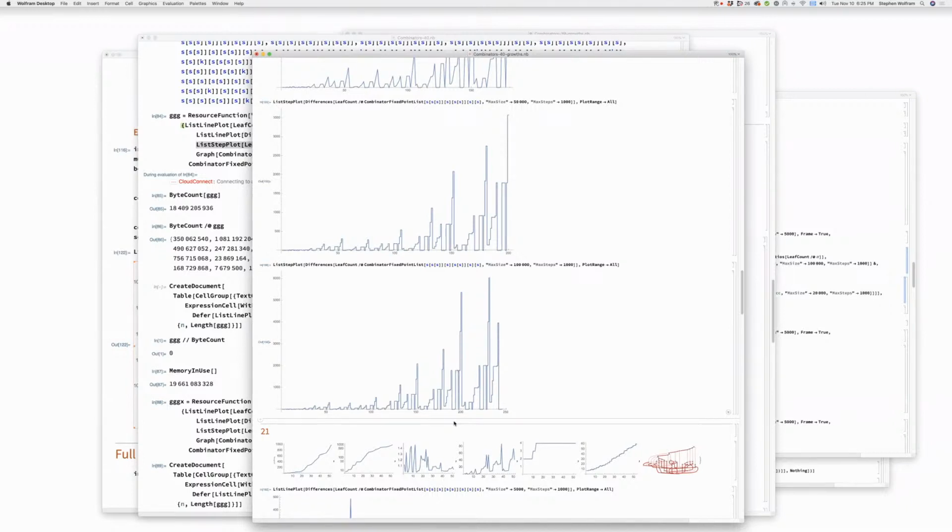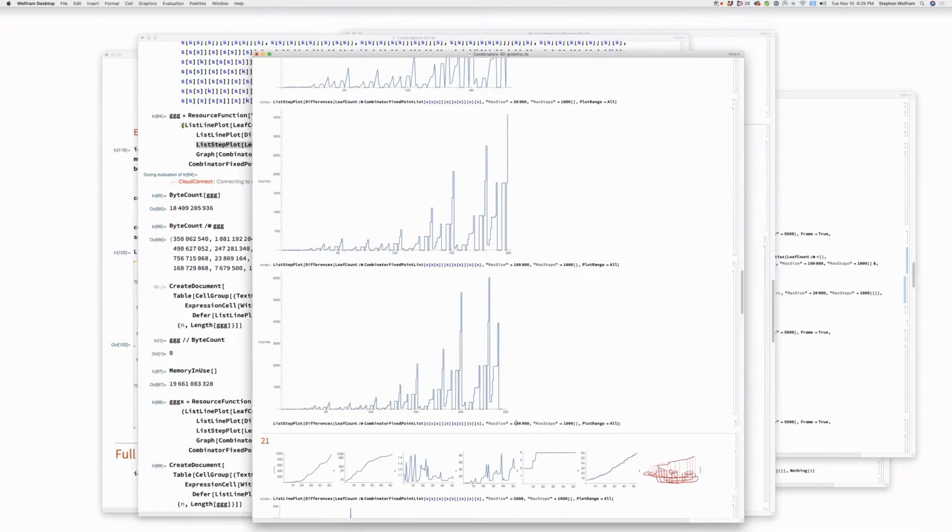Right, that tail part looks like it's getting slightly more complicated each time. Which tail part? Oh, right after the big spike.